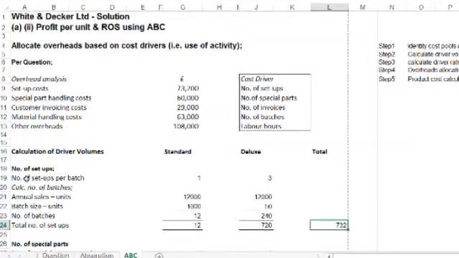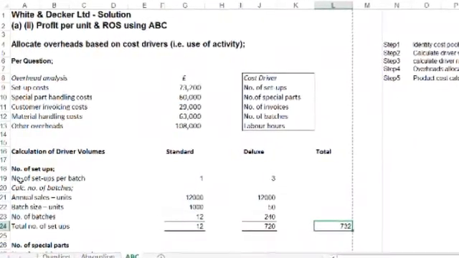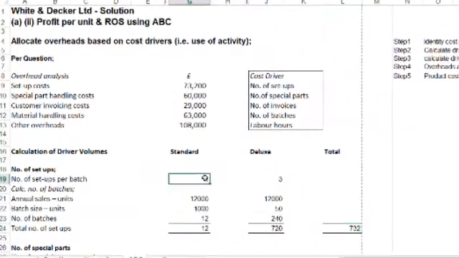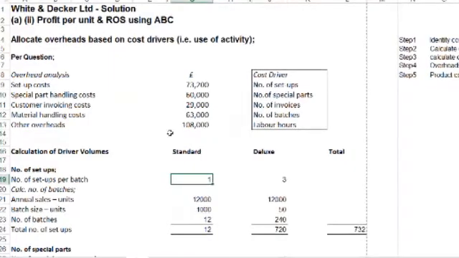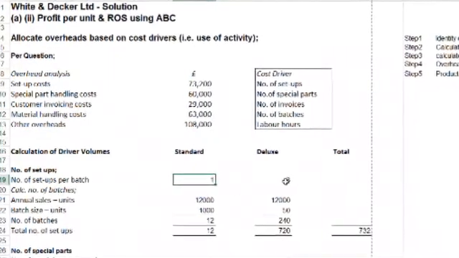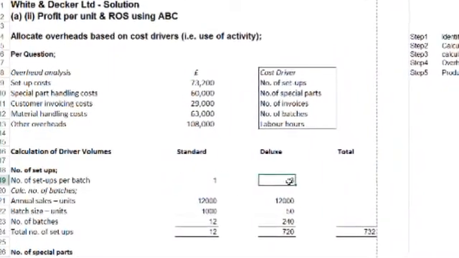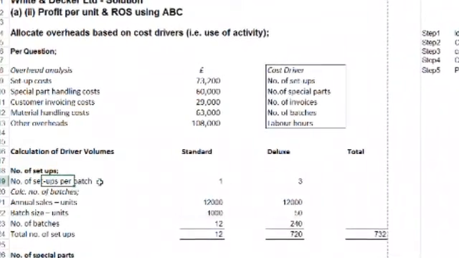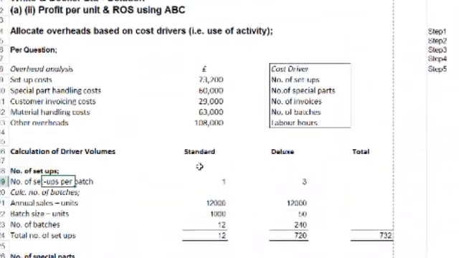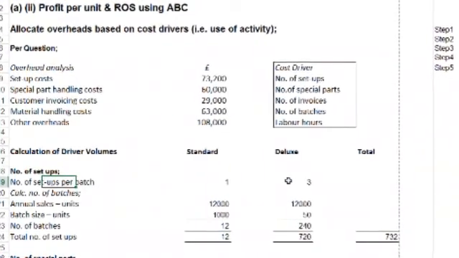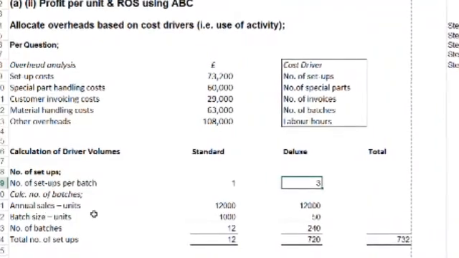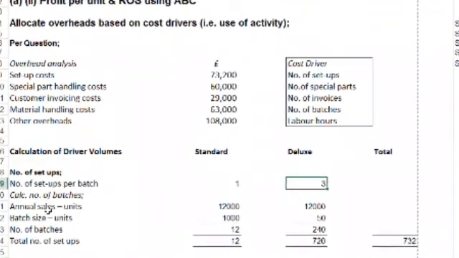So how we worked it out: we know the number of setups per batch. That is given in the question: standard requires 1 setup per batch, while deluxe requires 3 setups per batch. So we need to work out how many batches are needed for standard and for deluxe. Batches depend on sales.